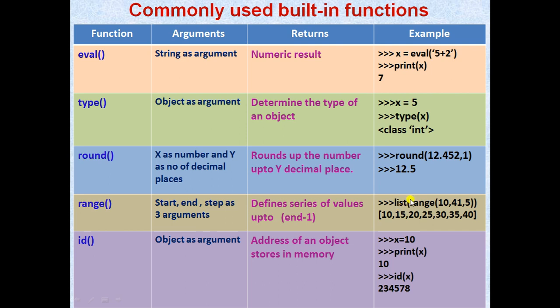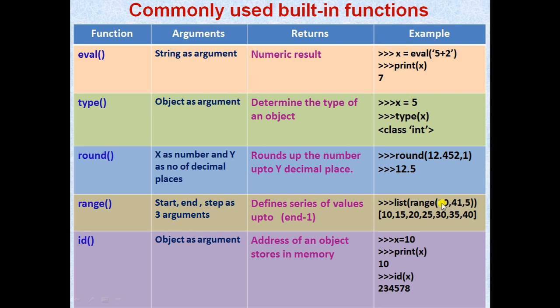Suppose we are defining a list and we want to get a range: its initial value is 10 and its ending value is 41, and the step means that after getting one value, the next value is obtained by adding this number.